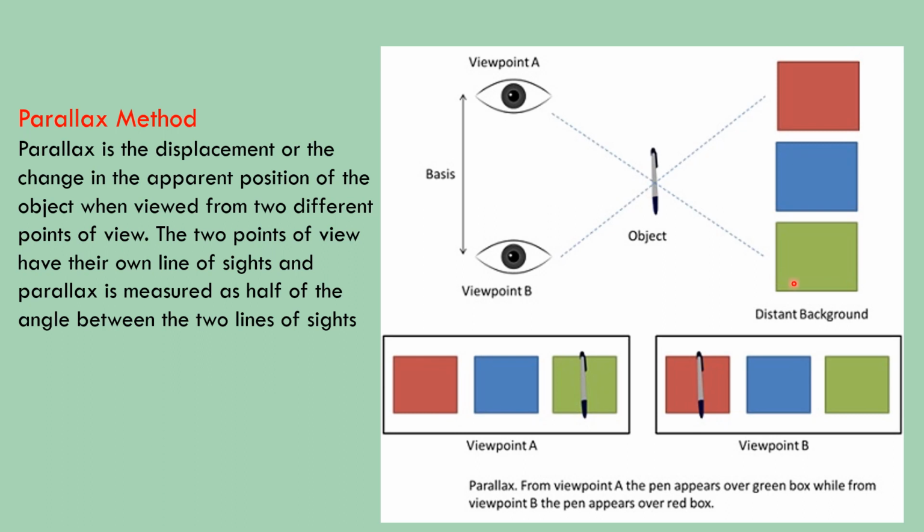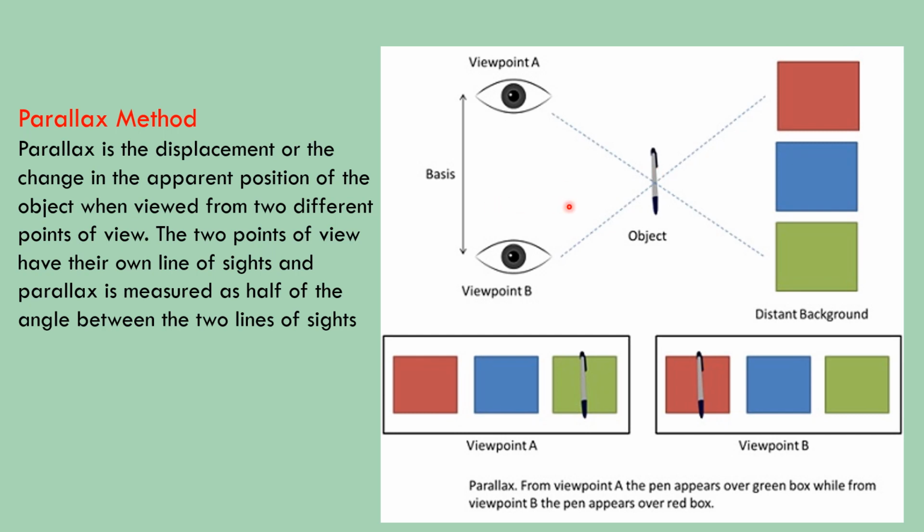Once it will appear on the green background, once it will appear on the red background. The points of view have their own lines of sight, and parallax is measured as half of the angle between the two lines of sight. Using this parallax method you can find the position of this pen from your eye.